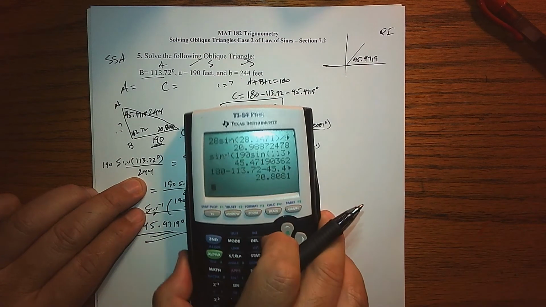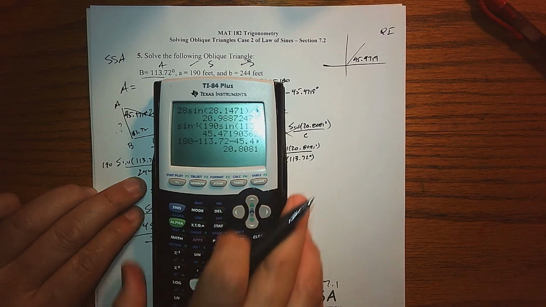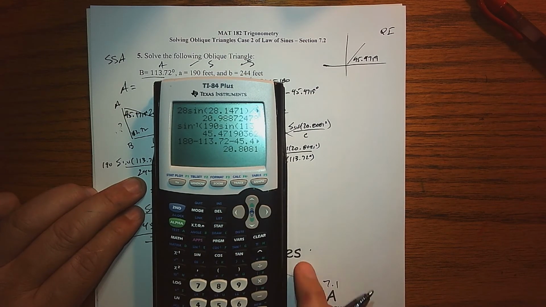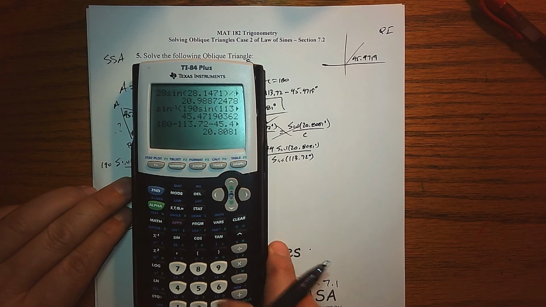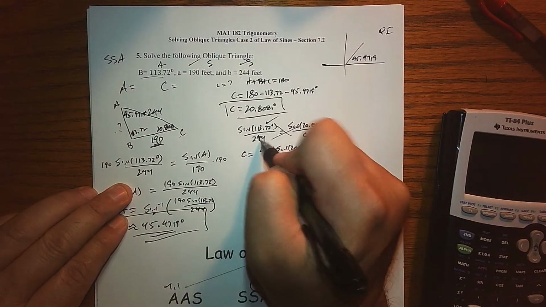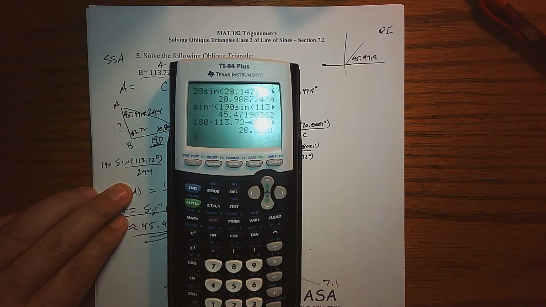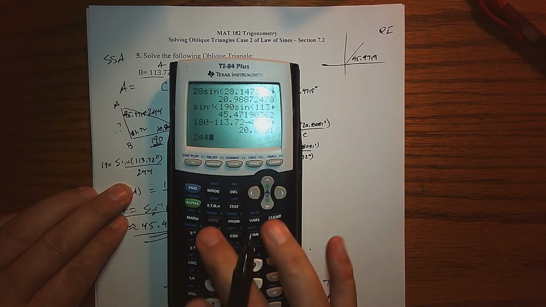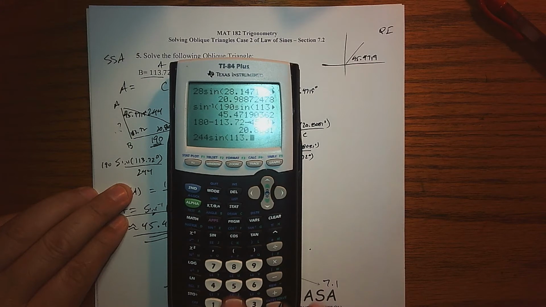Alright, so reaching for my calculator, we get 244, I'm sorry, I wrote that wrong, so 244 sine of 113.72, and we're dividing that by the sine of 20.8081.